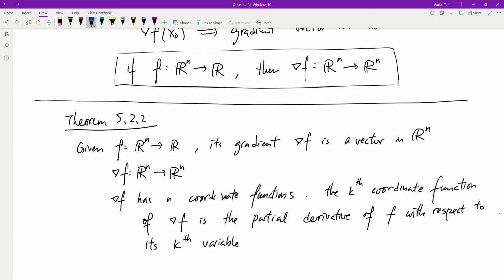The important part about this theorem is that it ties the gradient to partial derivatives and therefore now allows us to actually form the gradient.